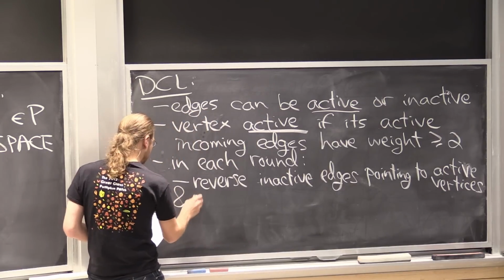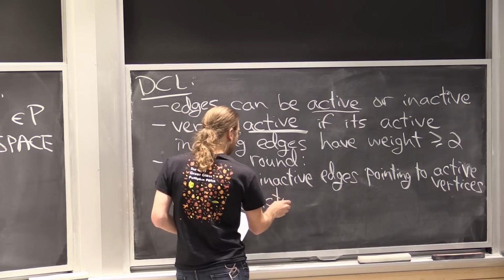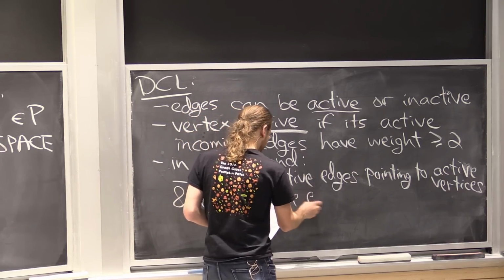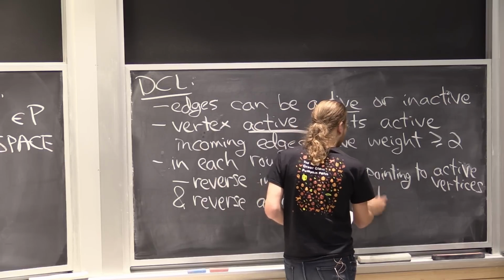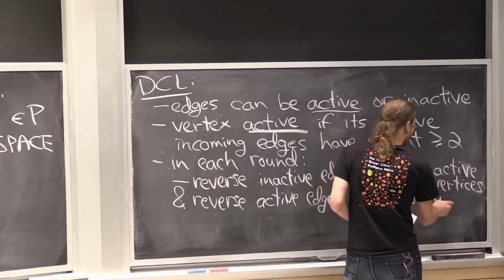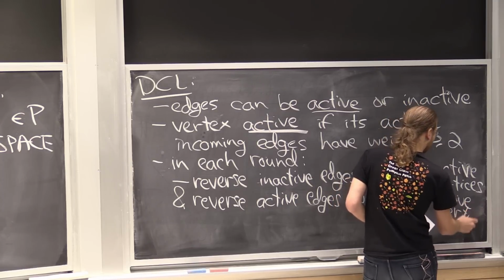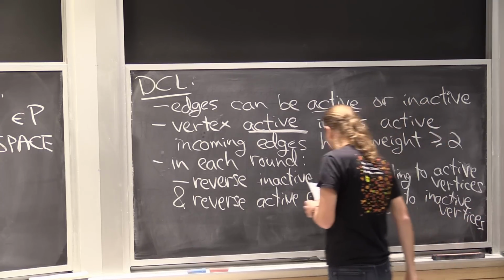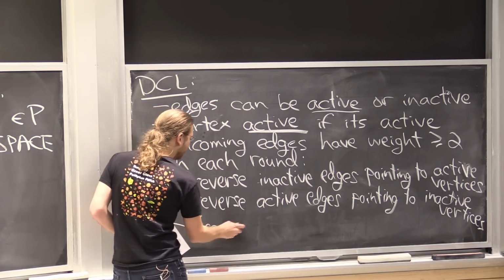And we're going to reverse active edges pointing to inactive vertices. And then these reversed edges are the new active edges.